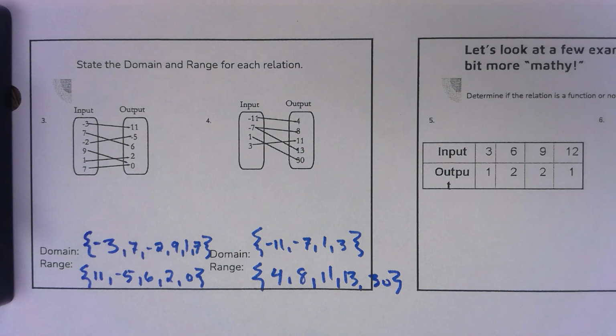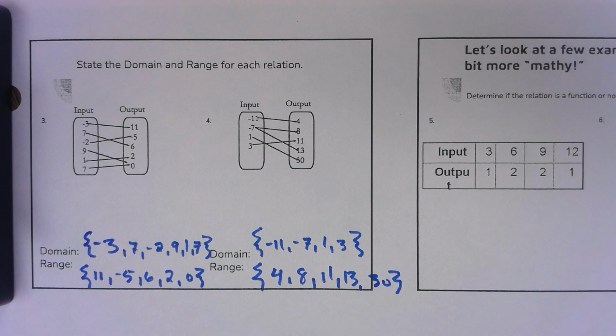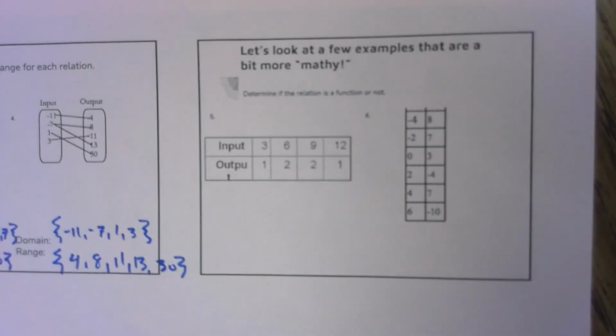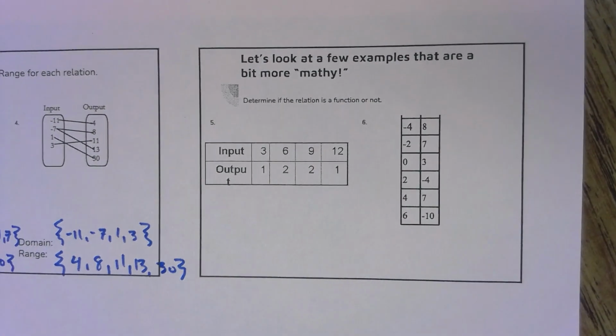Okay, so one way to show a relation is using the mapping diagram. Another way is using a table of values. And we've seen table of values already. Now, to me, this makes checking for if it's a function or not a little more difficult because we don't have the arrows, right? With the arrows, it was really easy. If one input had two arrows, we knew it was not a function.